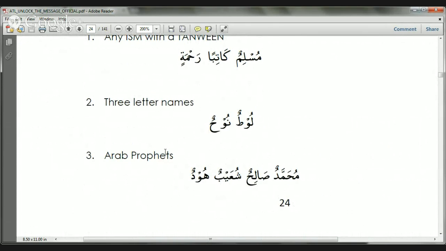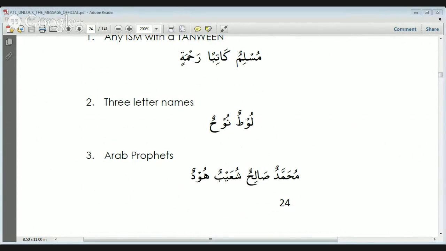So when it comes to understanding Arab prophets and three-letter names, Arab prophets, we mentioned what were they? Okay. Salihun. What else? Shu'aybun and Hudun.